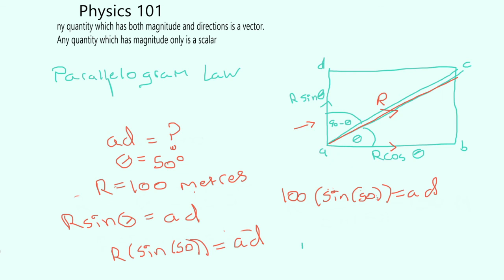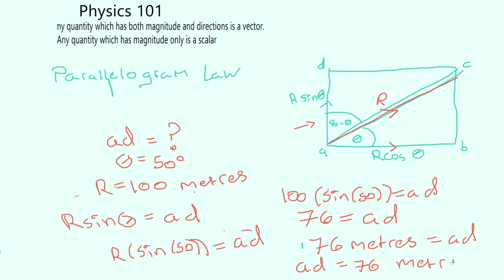Now if we enter that in on our calculator, 100 sine 50, and then equals, that's 76.6 meters. So now we'll get our pen tool again and write in here 76, and we get 0.6, but we'll just round it to 76 meters equals AD. We'll switch it over to this side: AD is equal to 76 meters. Getting a bit squished here now.